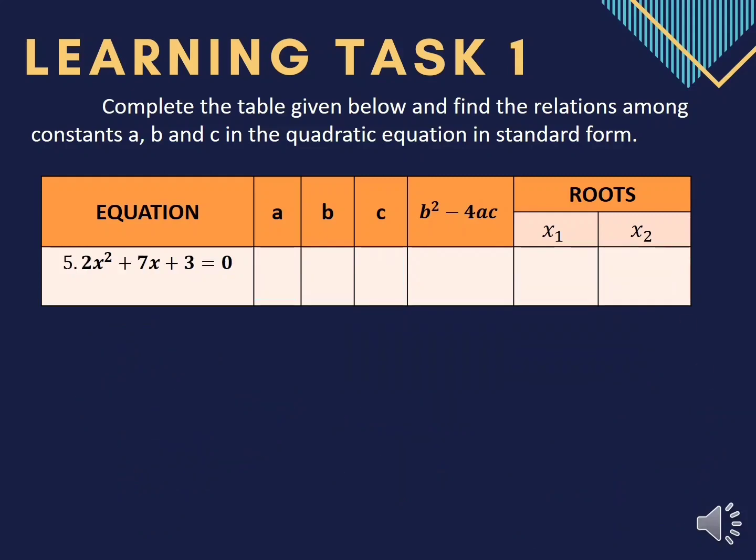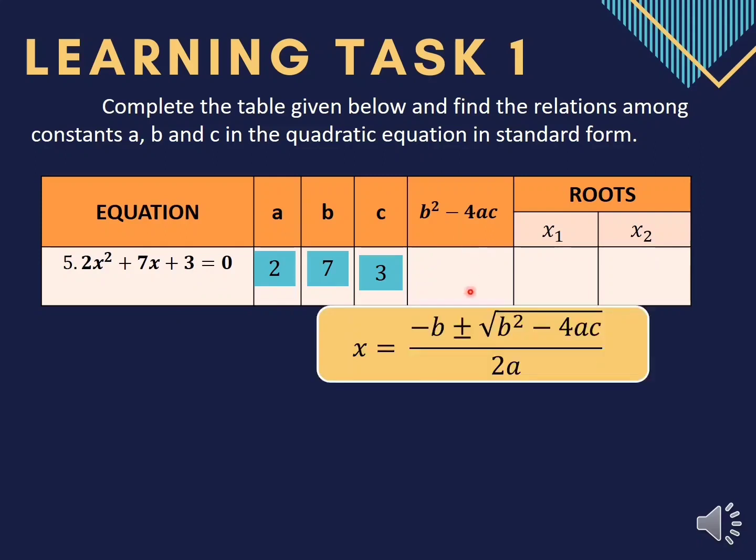And for our last item in our learning task number 1, we have 2x squared plus 7x plus 3 is equal to 0. Now, the value of a is 2, the value of b is positive 7, and the value of c is positive 3.